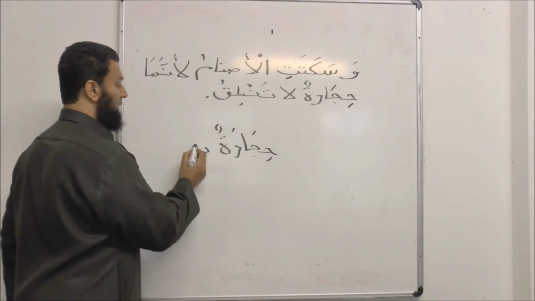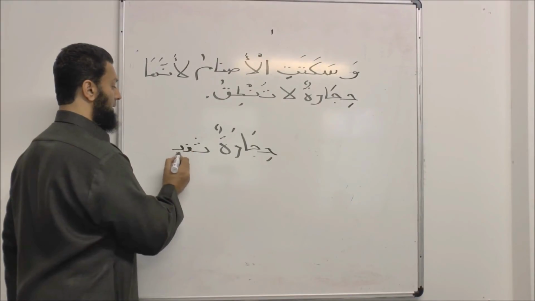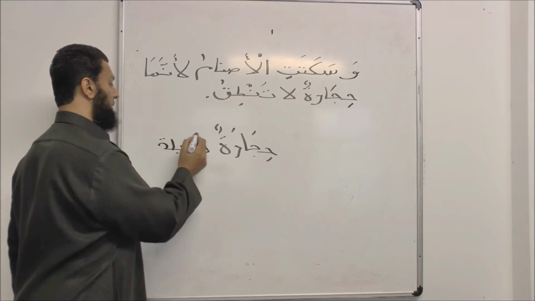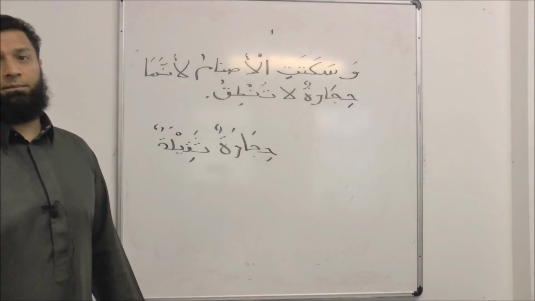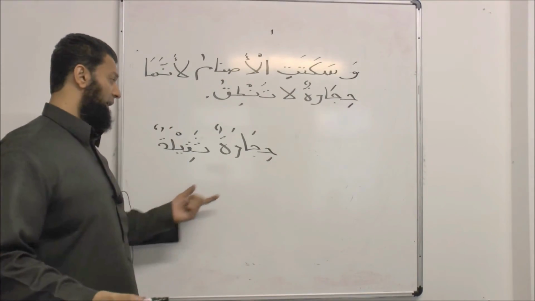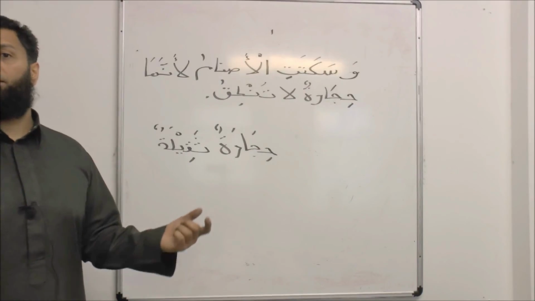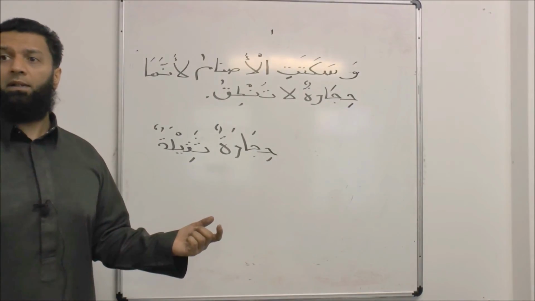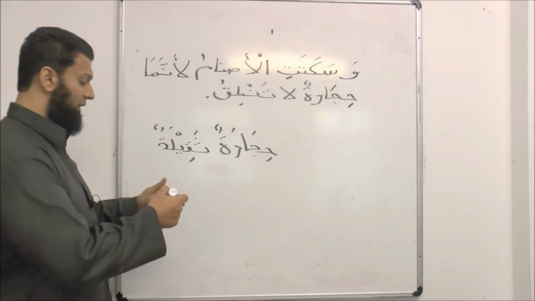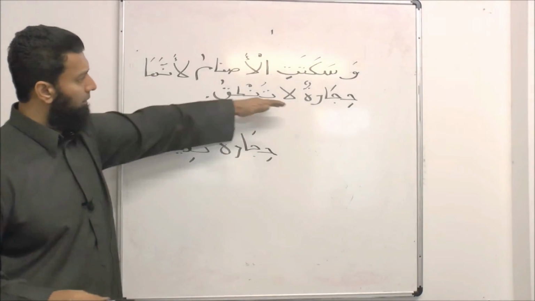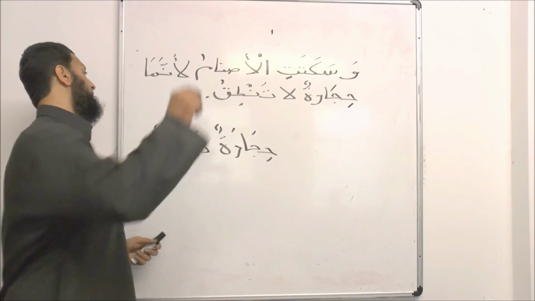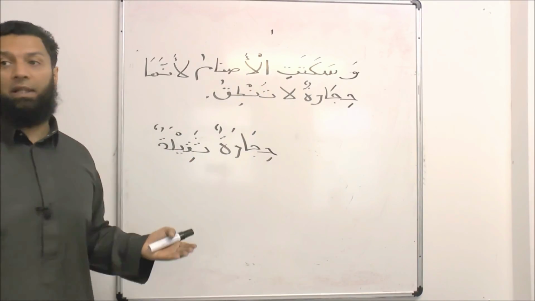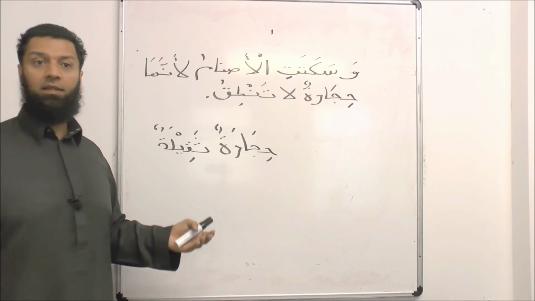Thaqilatun. What does thaqilatun mean? Heavy. Hijaratun kabiratun. Hijaratun khafifatun, and so on and so forth. Here we have an example of where the sifatun of hijaratun is actually a sentence.